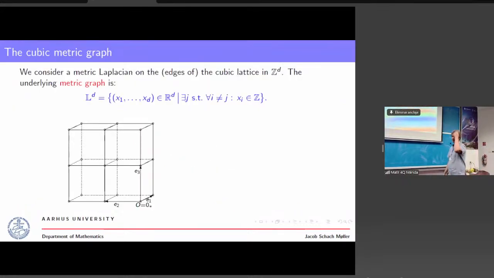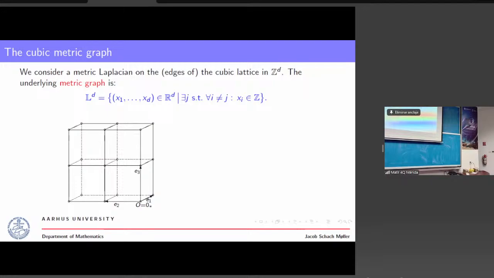So the cubic metric graph, let me explain what that is. There are some drawings here. It's easier to draw than to write. So here is a part of a three-dimensional cubic metric graph, but let me draw it in 2 dimensions here on the blackboard. So you have a grid here.